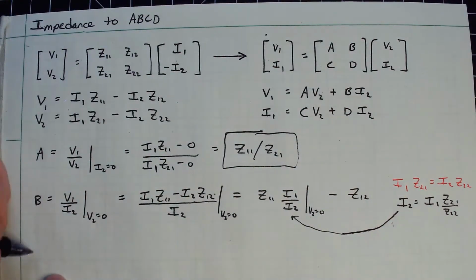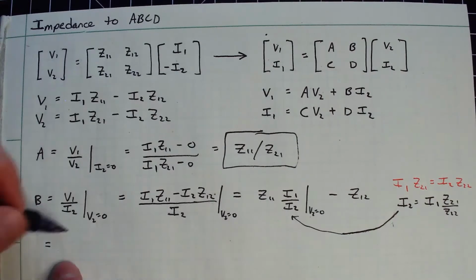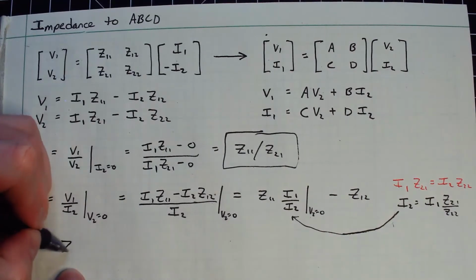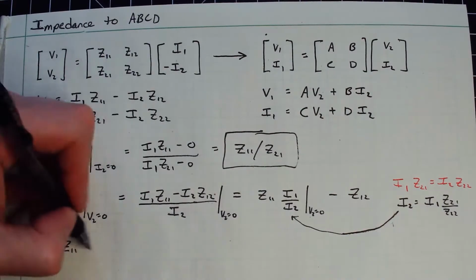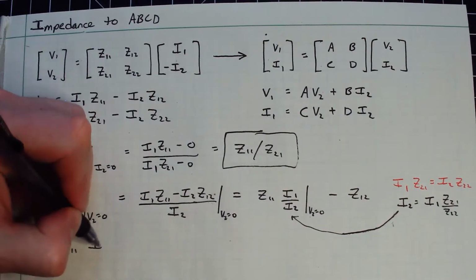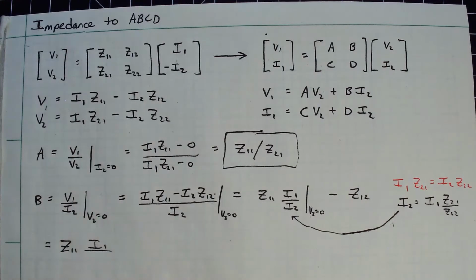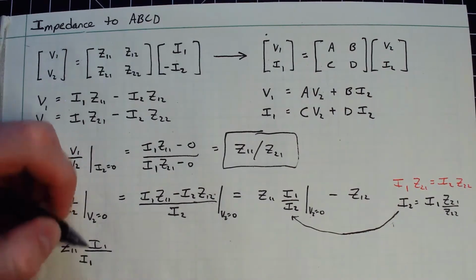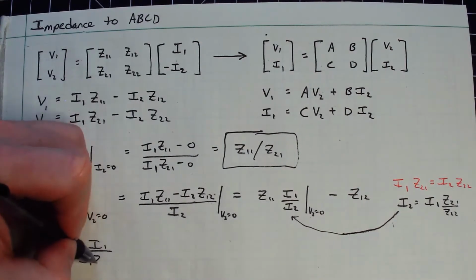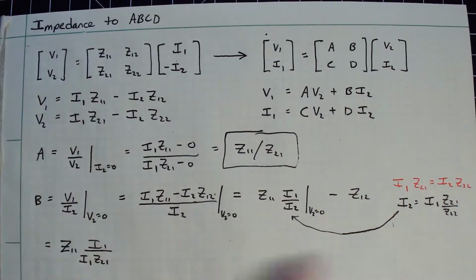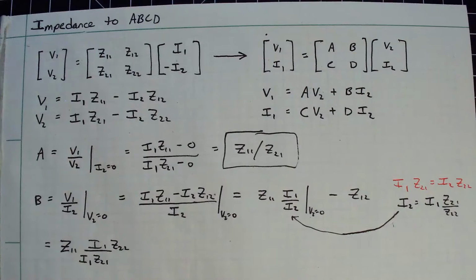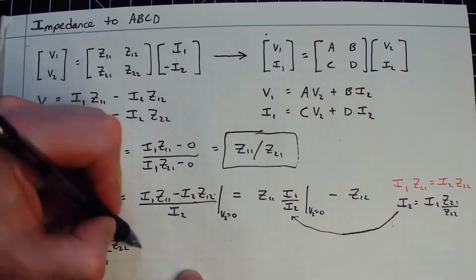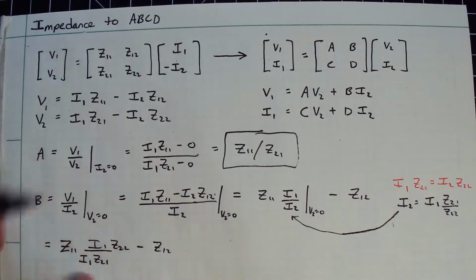So what we'll get is B, so I'm just continuing my equals here. You get a Z11, and that will become I1. So this is the little tricky part, divided by I1 times Z21, and then it's divided by Z22, so that comes up into the numerator like so, minus Z12.